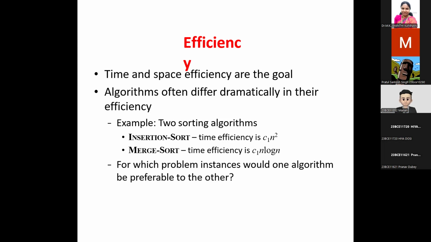Is n squared bigger, or is n log n bigger?